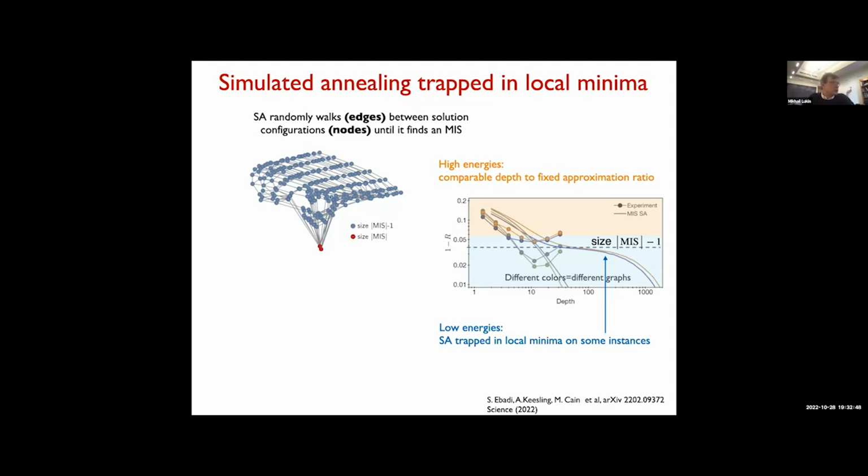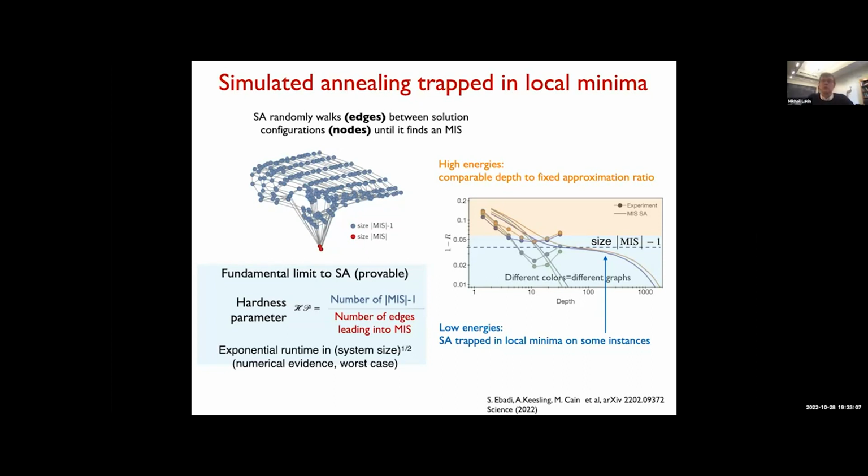Only when it comes very close to the edge that can lead to MIS does it make this transition. So it turns out that this is actually a fundamental limit. One can prove it, and it's characterized by a hardness parameter, which is the number of MIS minus 1 solutions divided by the number of edges leading to MIS, which scales exponentially with the system size.